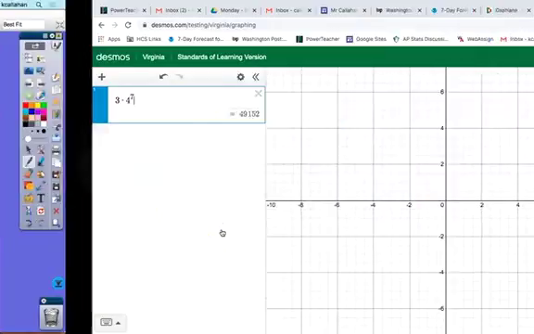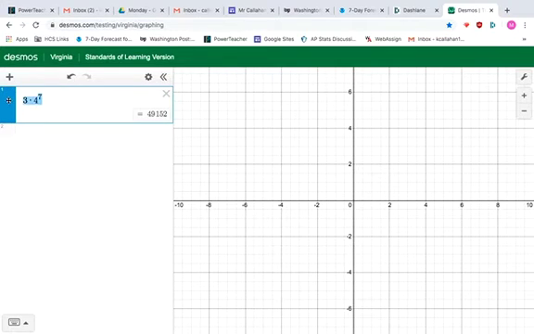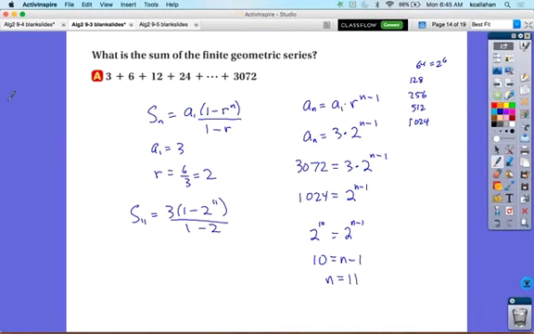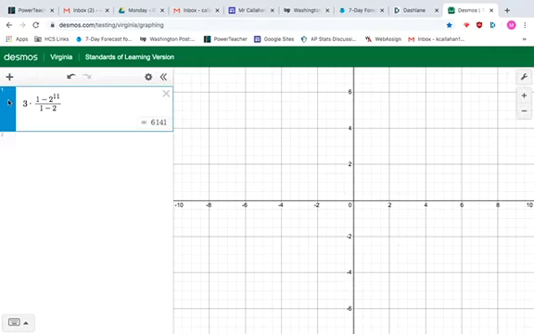So let's see, 3 times 1 minus 2 to the 11th over 1 minus 2. Let's make sure I got that right. That's correct. 6,141.